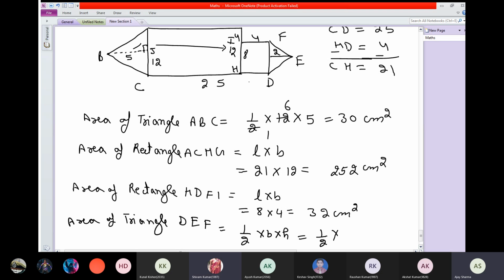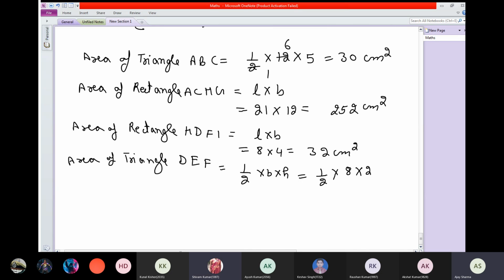Sir, 8. Yes, in the rectangle HDFI, one side is 8, then its opposite side is also 8. So FD is your base, that is 8, and height, that is already given to you, 2. Now you can see 2 can cancel 2 and you will directly obtain 8 centimeter square.